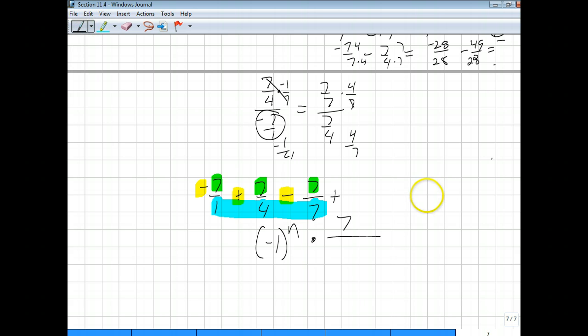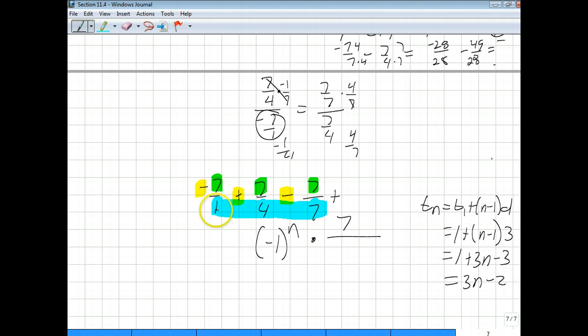So we can use t sub n equals t1 plus n minus 1 times d to find the rule for the denominator. So it's 1 plus n minus 1, and the common difference is 3. Okay, so the rule that gives us each one of these denominators is 3n minus 2.